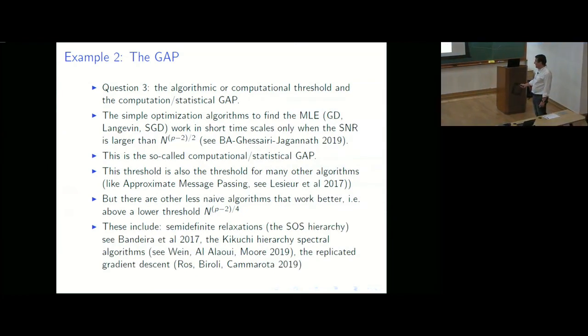More recently, you have this very interesting paper by Alex Wine, El Alaoui, and Moore, which gives a different algorithm based on what is called the Kikuchi hierarchy. And by Valentina, Giulio, and Chiara, this replicated gradient descent algorithm, which is, in fact, I think better. It's based on our initial work together.